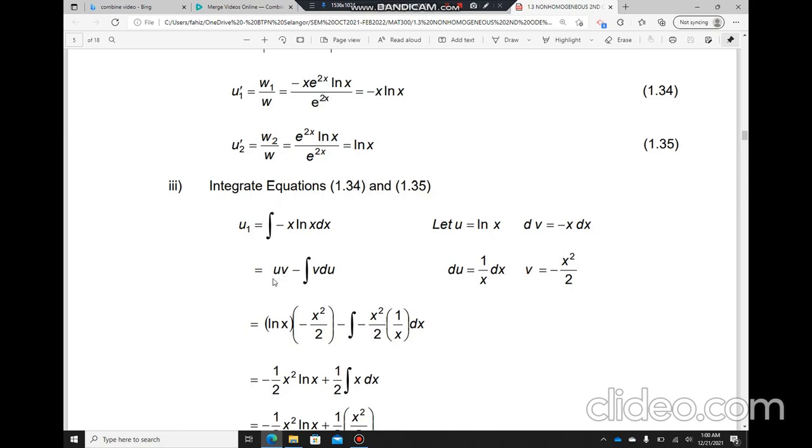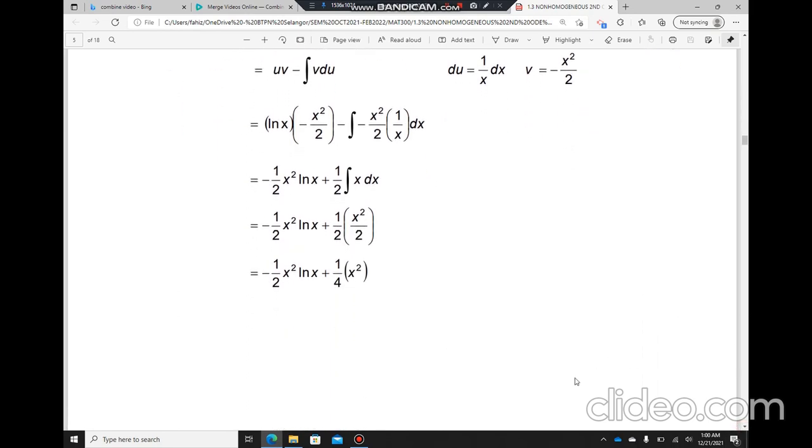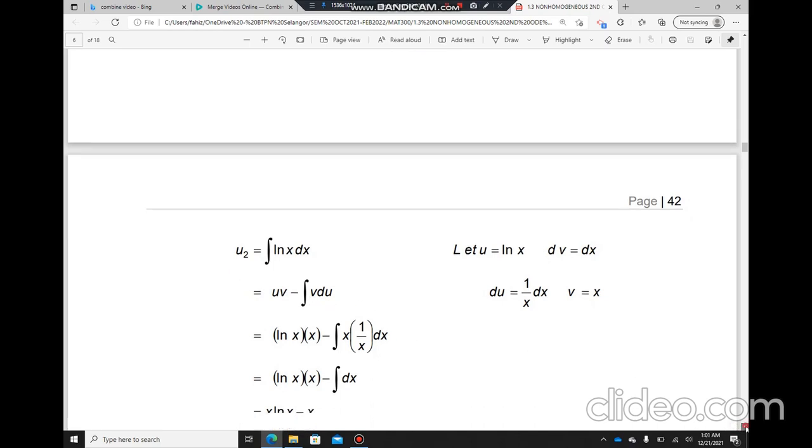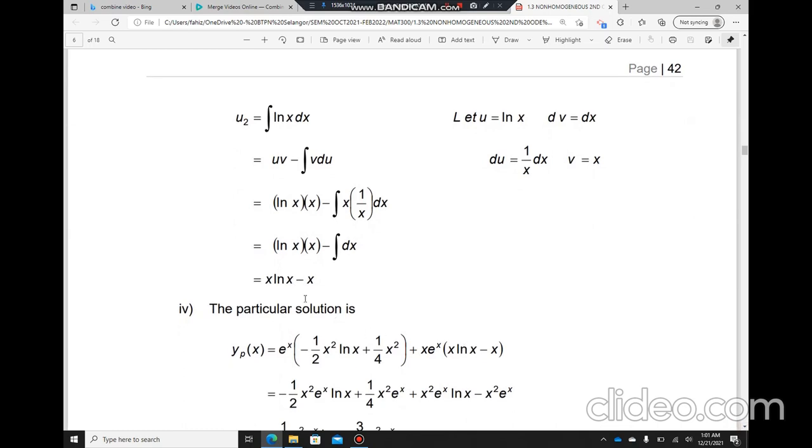Yang ni kena refer balik calculus 2, guna formula uv minus integrate v du. Awak refer balik macam mana nak integrate until you get this answer. Then U2 just ln x, U2 pun sama, guna integration by parts, uv minus integrate v du. Kita solvekan semua until we get this answer, x ln x minus x. So, the particular solution is yang ni yang kita dapat.